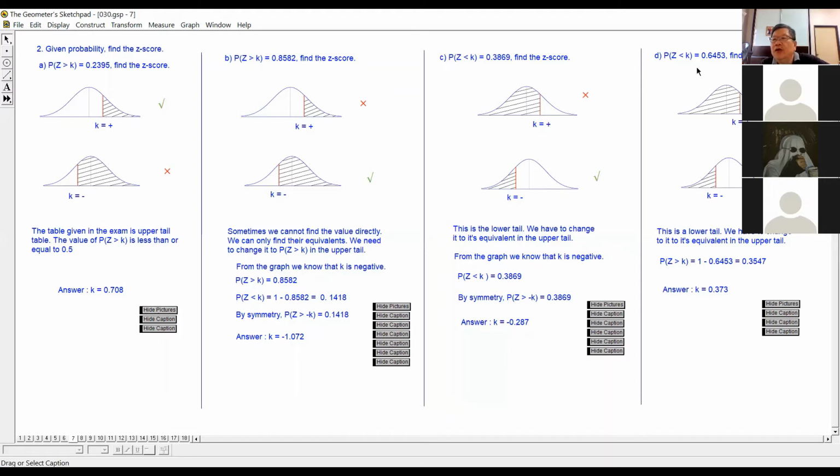Okay, we go on to the last example. Now, in the last example, the probability of z less than k is 0.6453.